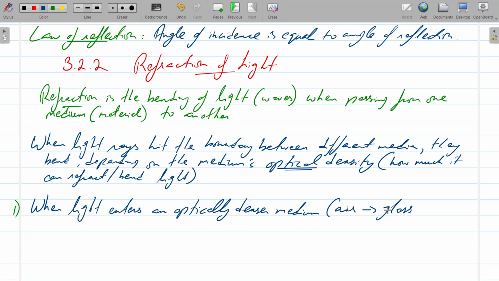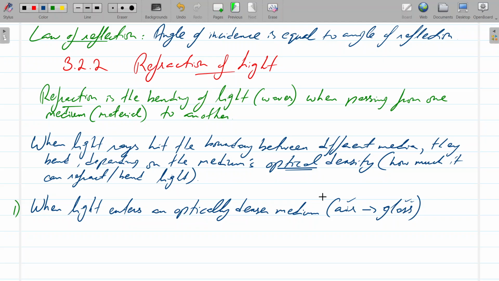Light was traveling through air, which is optically less dense than glass. Glass is optically denser than air, which means it is able to bend light more. So which materials light is traveling between has an effect on how the light ray is being bent.